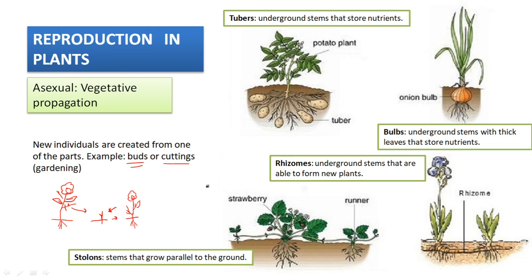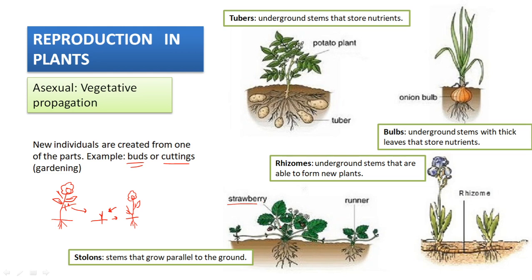You have these images in page 146. As you can see, stolons are stems that grow parallel to the ground.